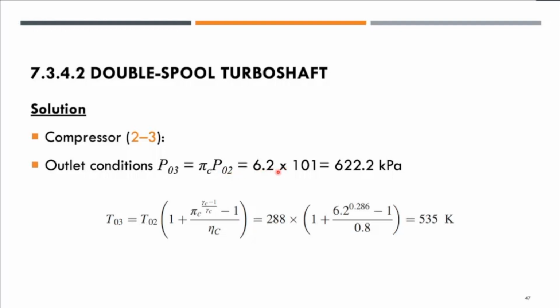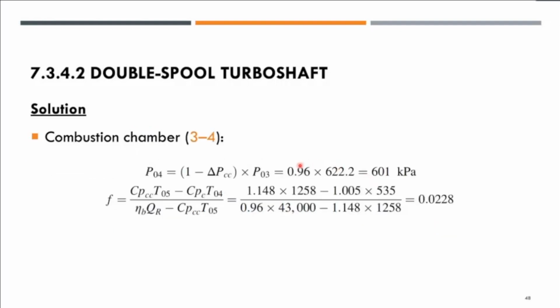You get 6.2 times 101, which gives the pressure at the compressor exit, 622.2 kilopascal. Then using the expression for the temperature, you put all the numbers there. We have the efficiency of the compressor, and you will then obtain the temperature at state 3, T03, to be 535 Kelvin.